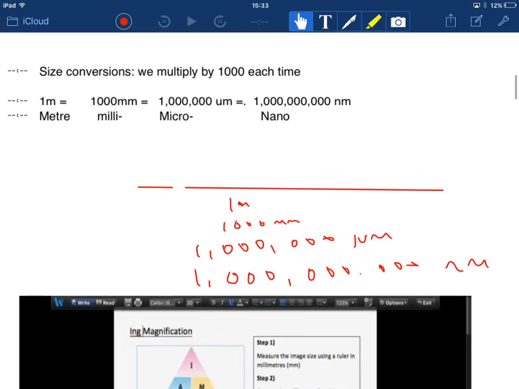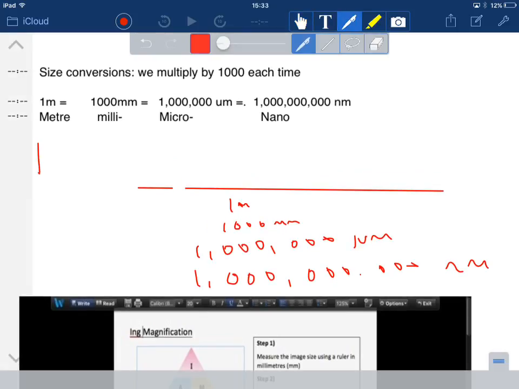Let's say it was a huge blown up one that was 1 meter. So a huge poster. But its true size was 1 micrometer. Then in order to turn it to micrometers, we'd have to multiply meters into micrometers, we'd have to multiply it times 1,000,000 to get it into micrometers.